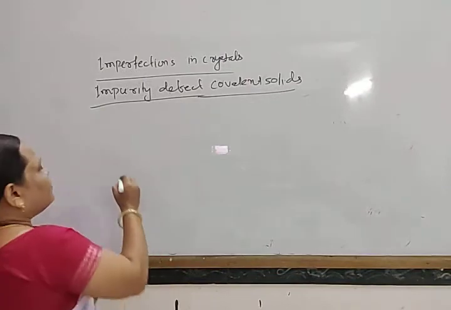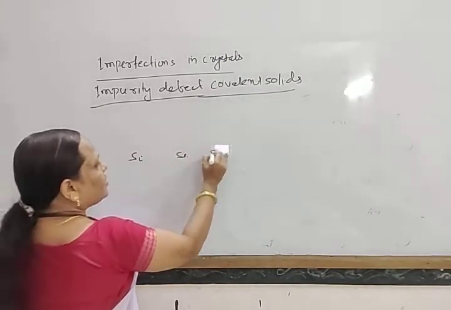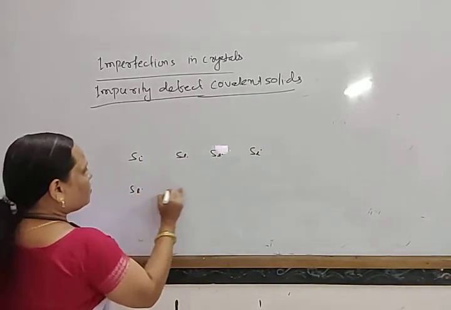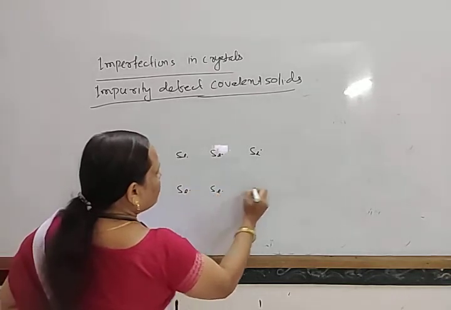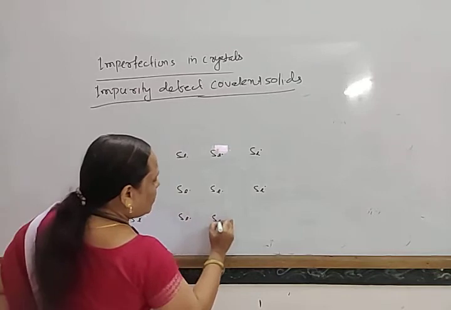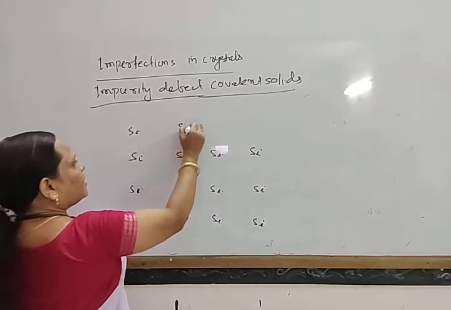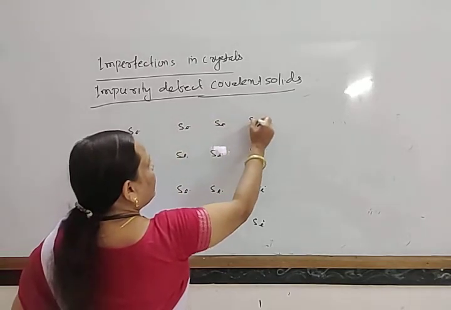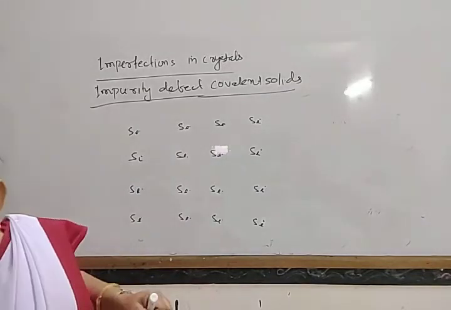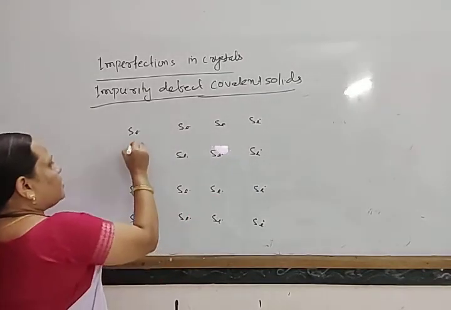Okay, so for example, if we consider silicon, when silicon crystals are there, one silicon atom is surrounded by four other silicon atoms by covalent bonding. Look here, this dot is for silicon.